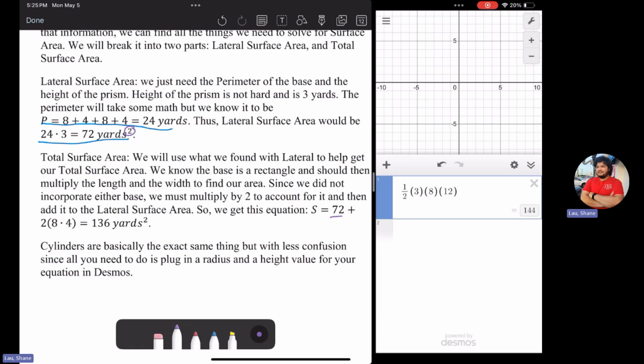I know it's a rectangle, so I multiply the length and the width, and I multiply that times 2 because I have two bases. I cannot forget that I have two bases. So 2 for the two bases times the length times the width, adding to the 72 I already had for my lateral surface area, and I get 136 yards squared. This is still squared, because it's area.